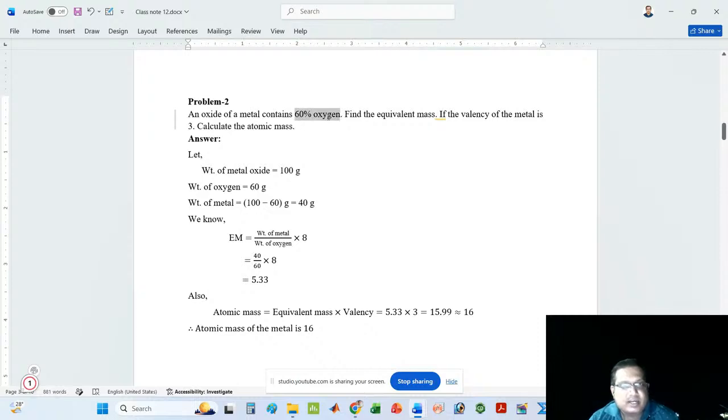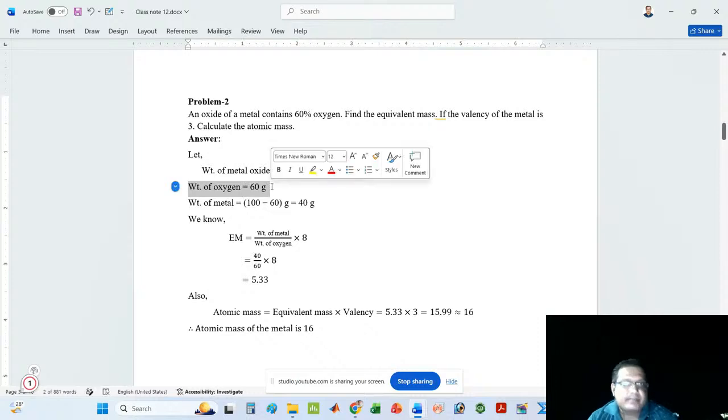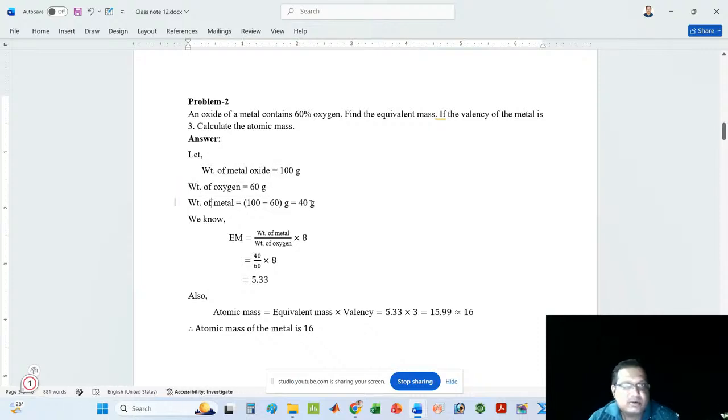So the weight of oxygen is equal to 60 gram. Therefore, the weight of metal is 100 minus 60, that is 40 gram. Now apply the formula. Equivalent mass is equal to weight of metal divided by weight of oxygen into 8.